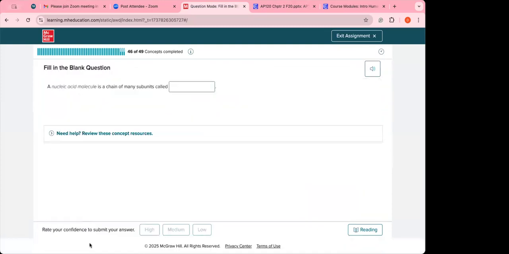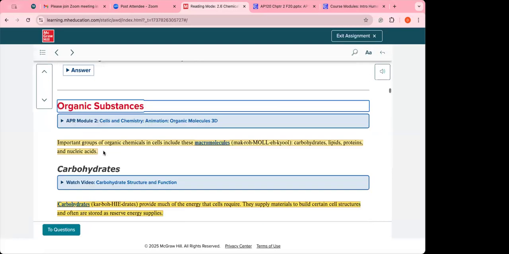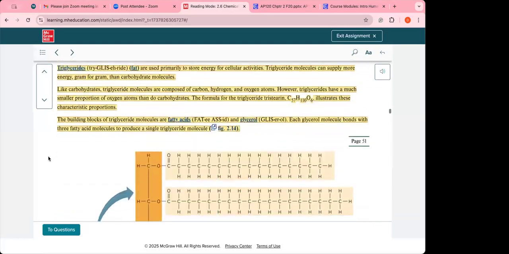All right, next question. A nucleic acid molecule is a chain of many subunits called what? So what is a nucleic acid molecule made from? Is what it's asking. So you have to go to nucleic acid.